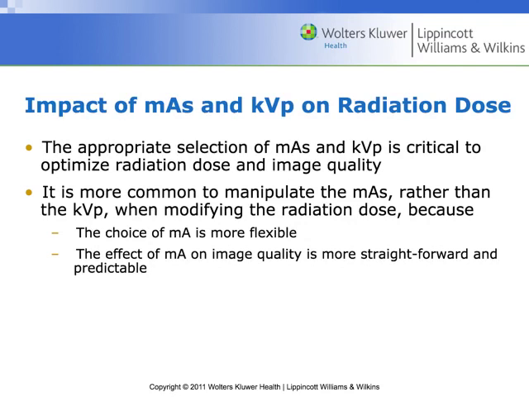It's a balancing act between image quality and patient dose. So we want to find the best possible picture at the lowest possible dose. Okay? So typically MA is more flexible, and we will actually be altering MA based on the image quality or the noise that we're getting from the detector. That's what these automatic tube current modulation things are doing.